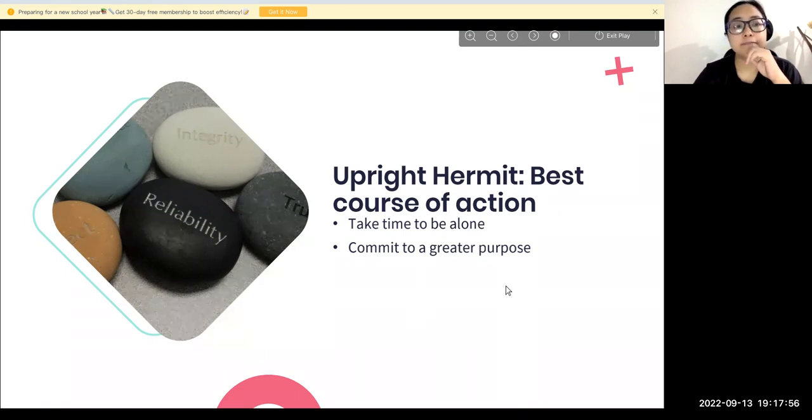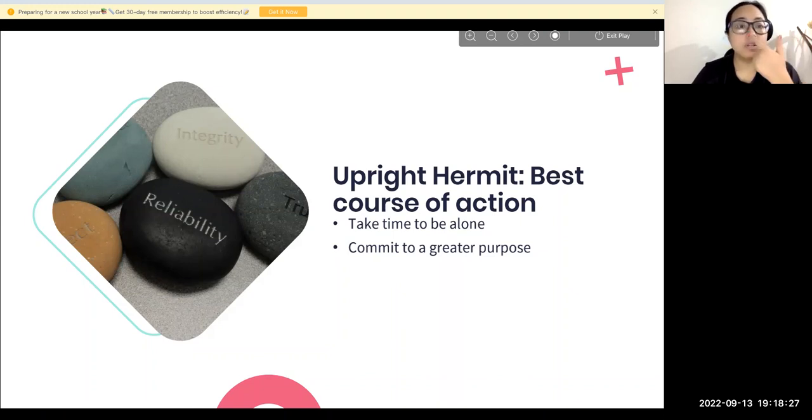So what is the journal that you can write for the Hermit card? For the Hermit card, you can write a journal looking into your life at this point of time or any time. When did you experience being a hermit in your life?